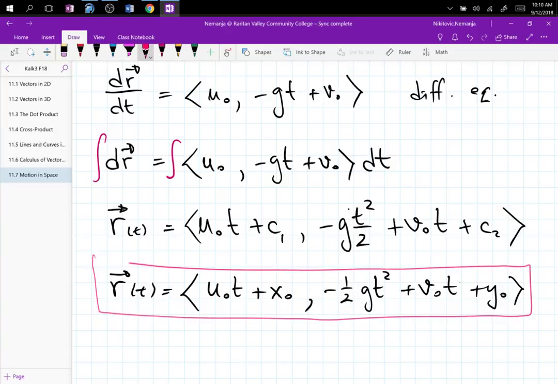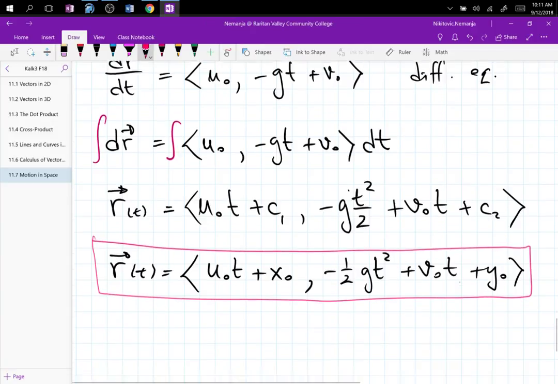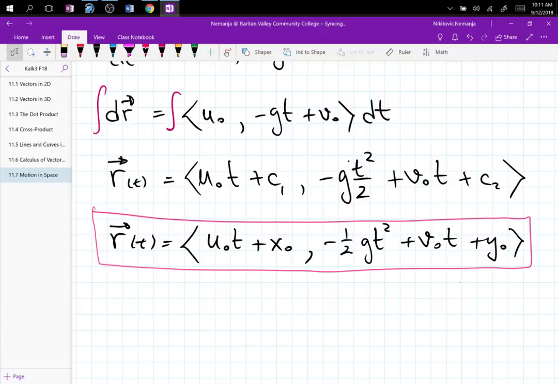Now we are supposed to make sense out of all of this. So let's look at it.